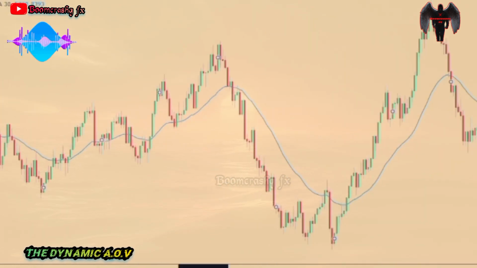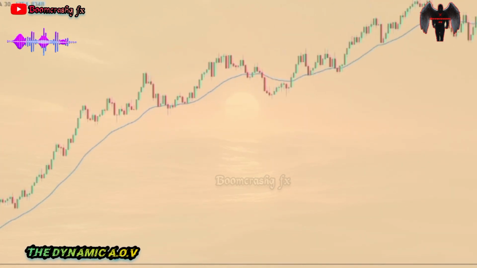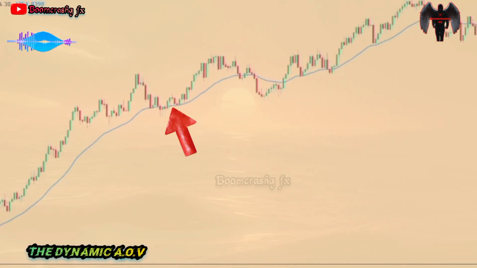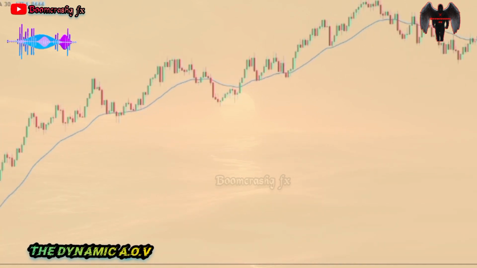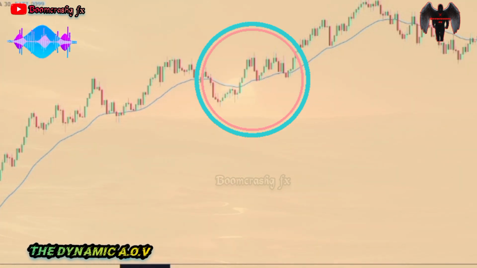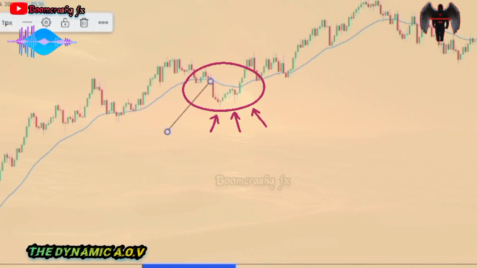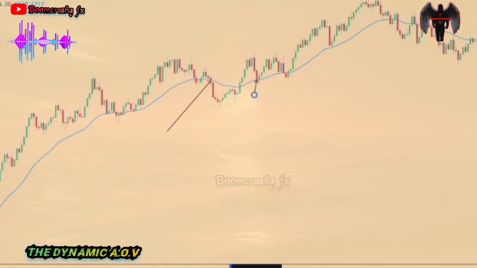And when it comes to an uptrend, as you can see, we have it here, we have it here, we have it here. From here you can see the price broke out of this EMA, and thereafter you see it went back, which gave a first breakout of the trend, and from the retest there you can make your entry.